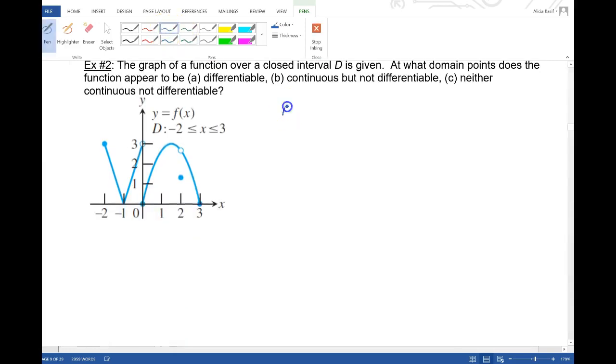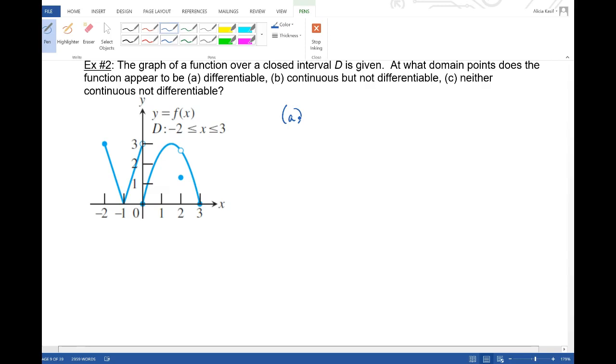So for part A, which one did you say here? You said all points except 0. Oh no, there's more. What are we going to look at for it not being differentiable? We're going to look for where it's not continuous. We're going to look for any corners, cusps, or vertical tangents.